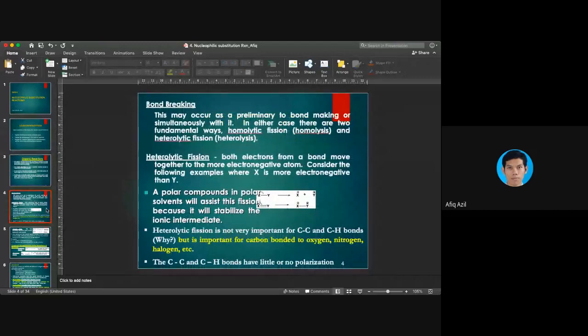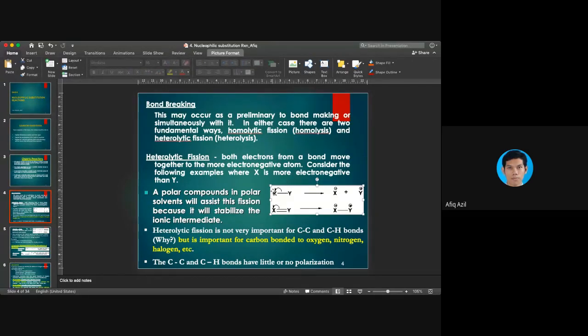So for bond breaking, there are two types. One is called heterolytic fission and the other one is homolytic. For heterolytic fission, you see this first example over here. Both electrons from a bond move together to the more electronegative atom.